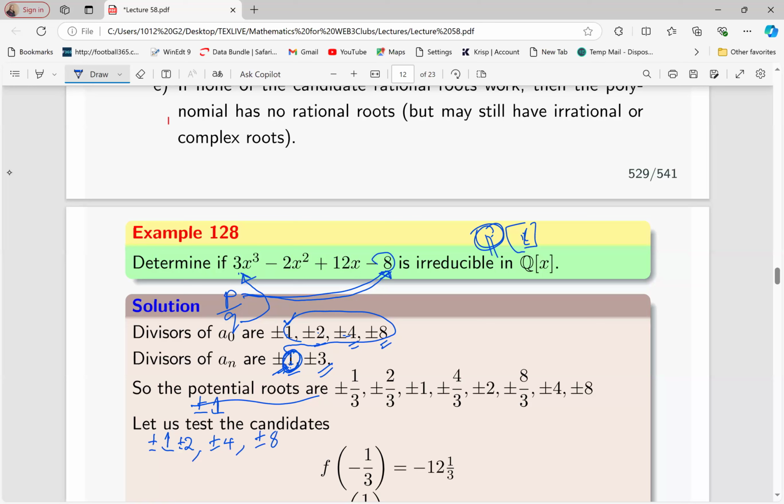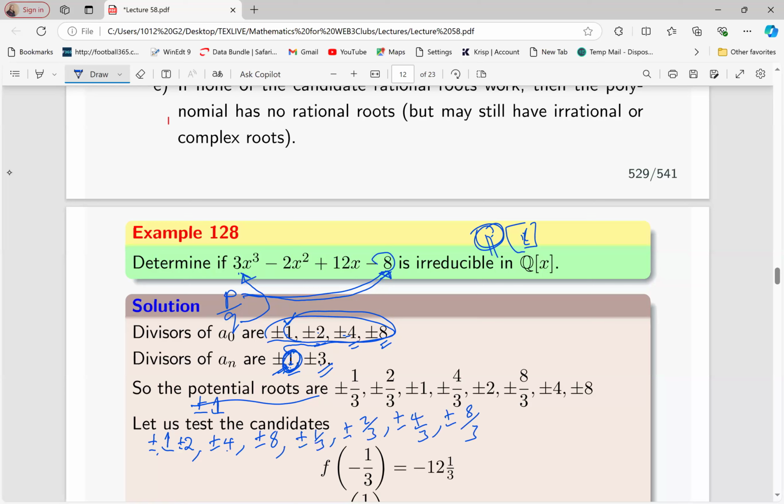What about 3? Divide 3 into all those, and you'll have plus or minus a third, plus or minus 2 out of 3, plus or minus 4 out of 3, plus or minus 8 out of 3.